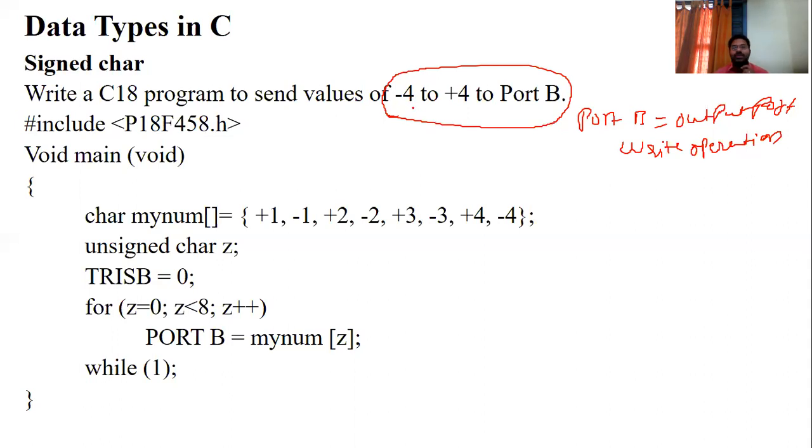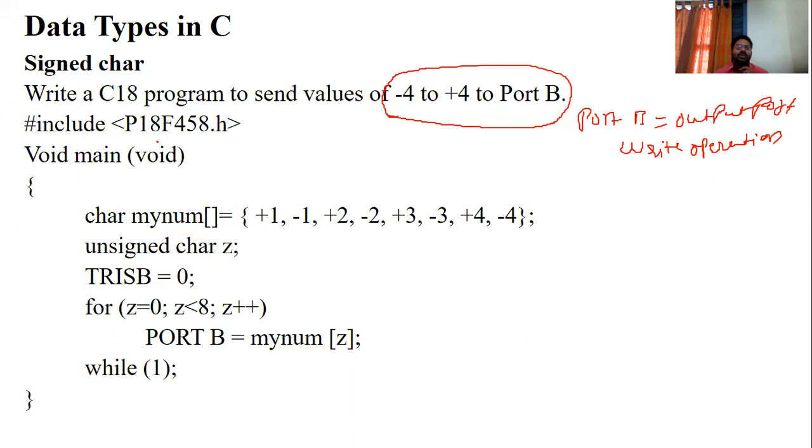In signed character only, you can represent positive as well as negative numbers. Sign means either positive or negative. The same program here; earlier we used unsigned character, now we are using signed character.